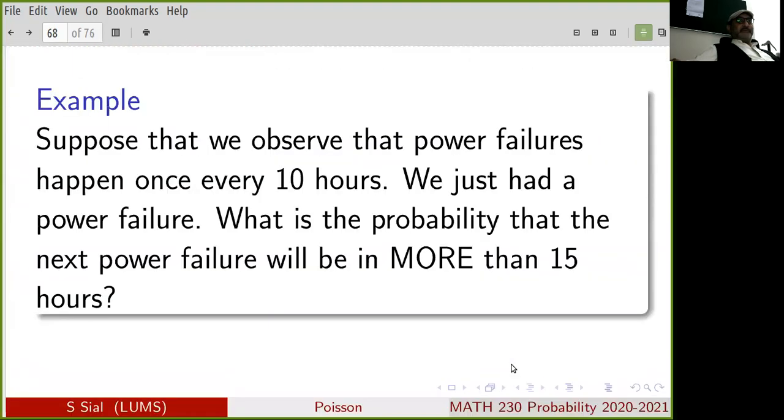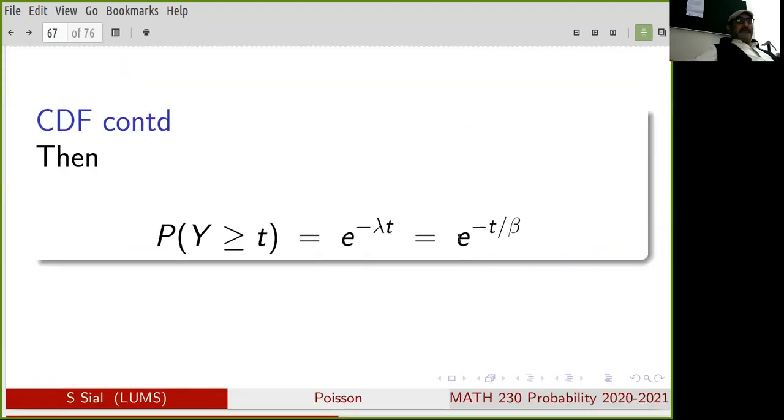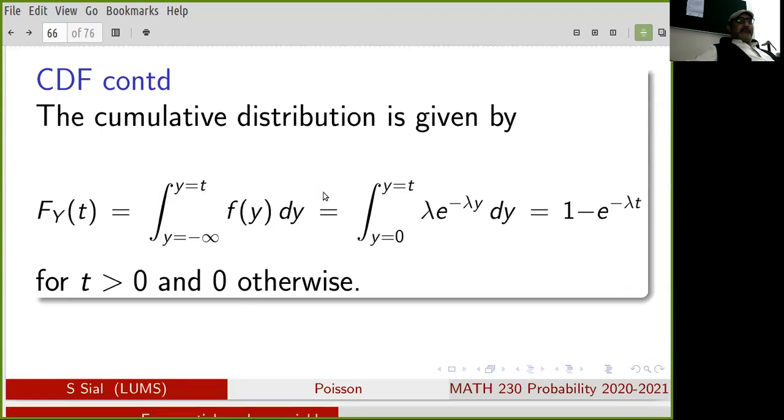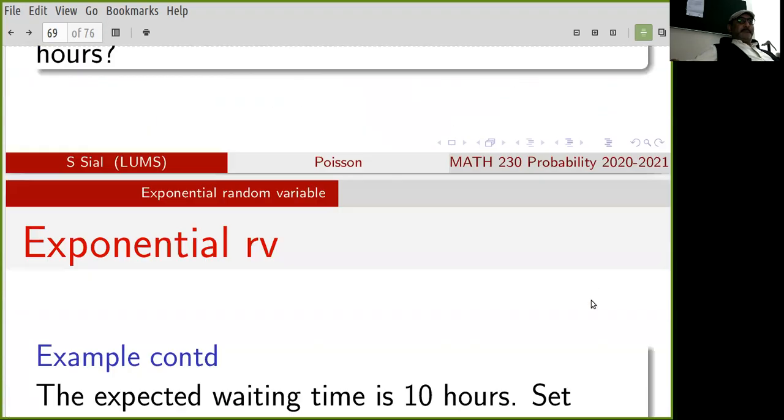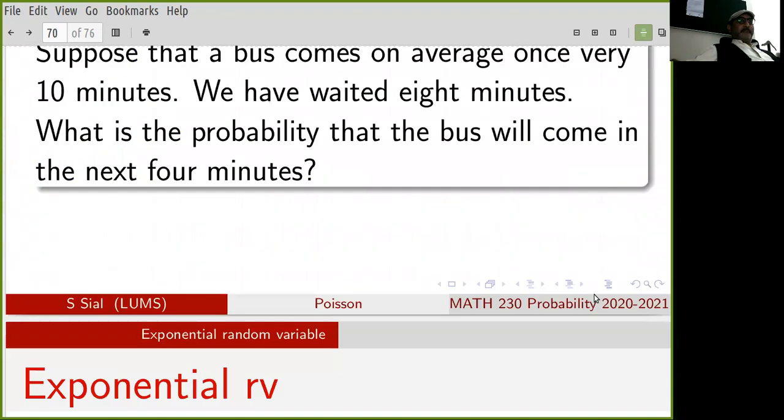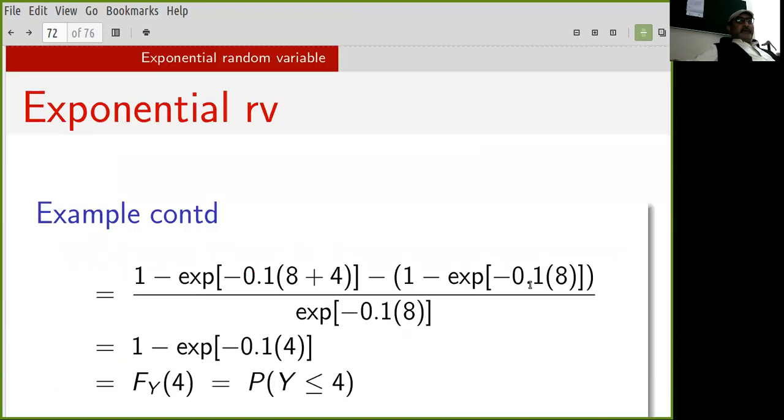And what was the cumulative distribution? The cumulative distribution was given by this thing here, 1 minus e to the negative lambda t.